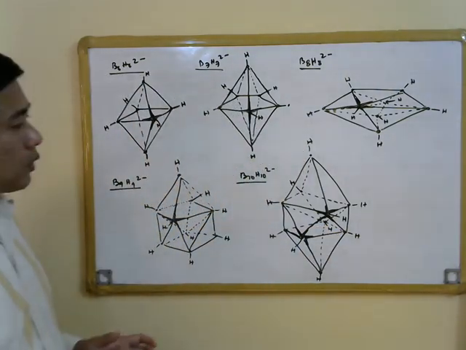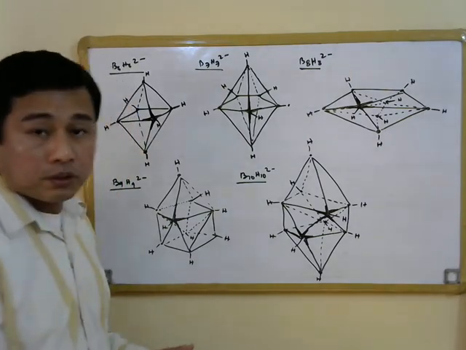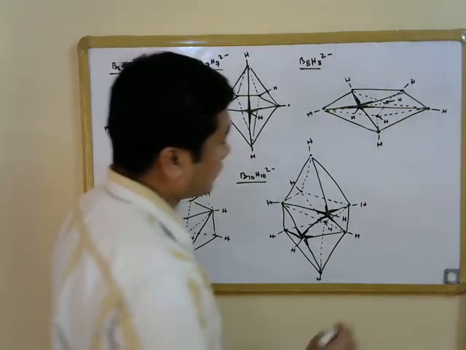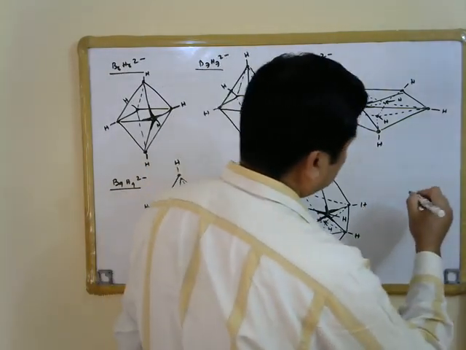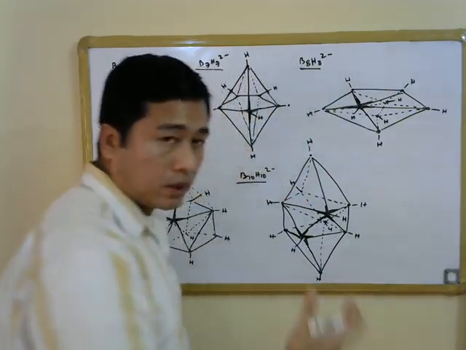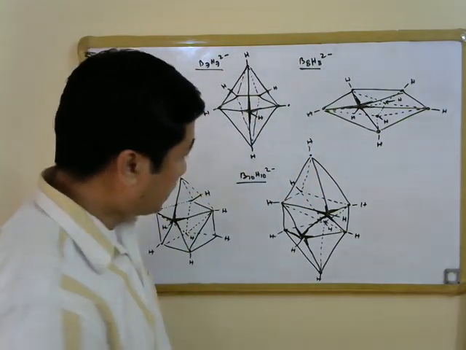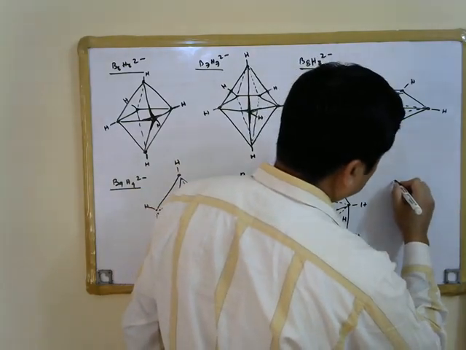This sort of structure. So next we will draw the structure of B12H12 2 negative, which is based on the icosahedral structure, or this essentially has got 20 triangular faces, icosahedral.